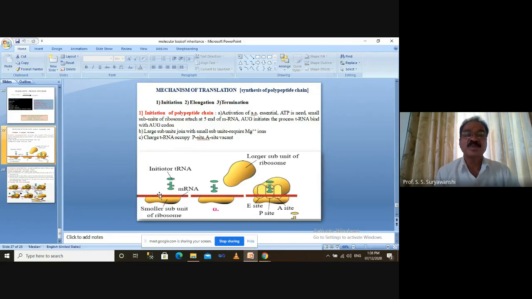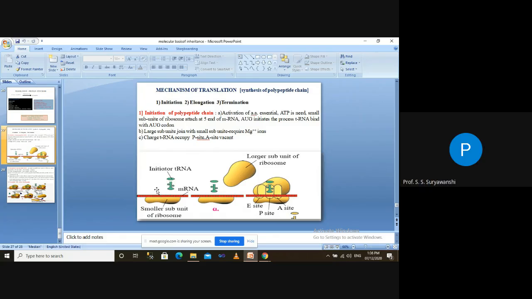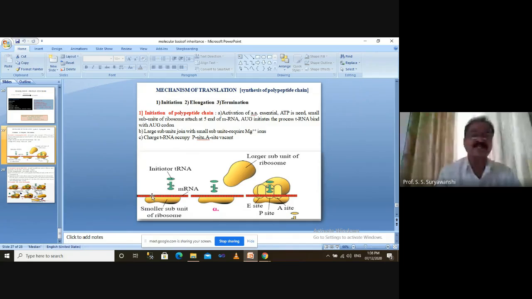Okay, so the first one, I will briefly discuss again. The smaller subunit joins the mRNA at the 5' end. The activated tRNA joins here, having the complementary anticodon that binds with the codon written on the mRNA. So this is the first step.